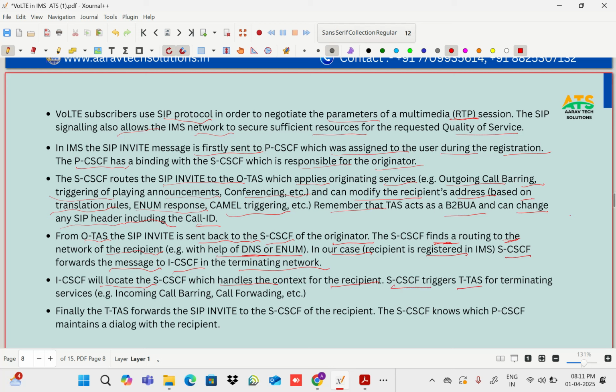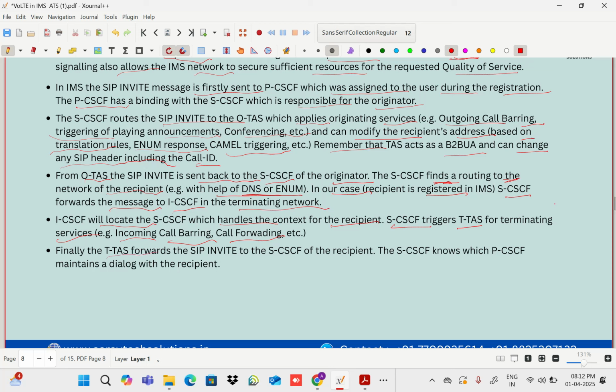The S-CSCF triggers the terminating TAS for terminating services, incoming call barring and call forwarding. Finally, the TAS forwards the SIP INVITE to the S-CSCF of the recipient. The S-CSCF knows which P-CSCF maintains the dialogue with the recipient.